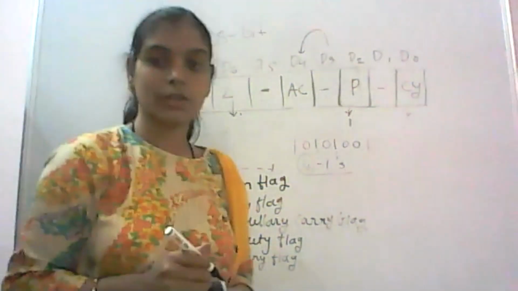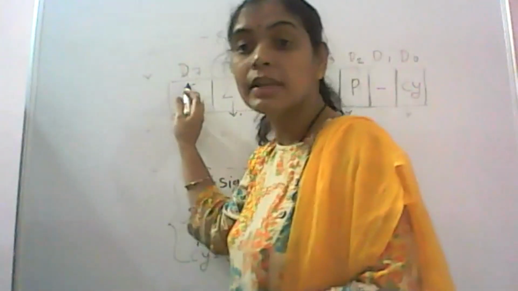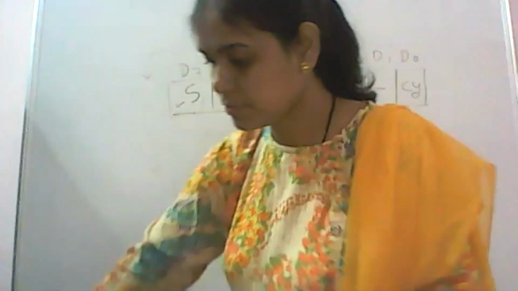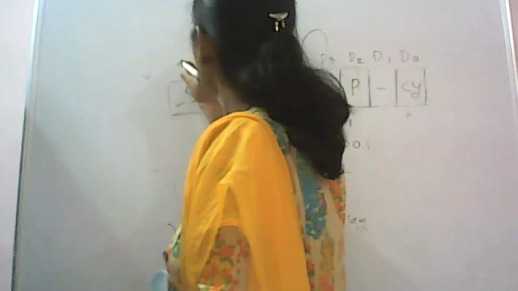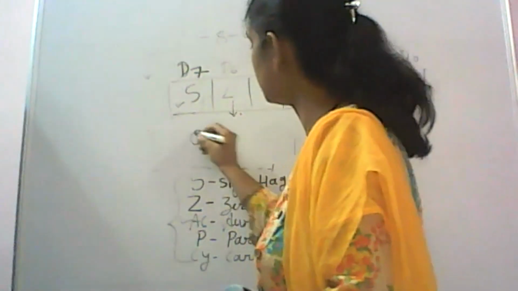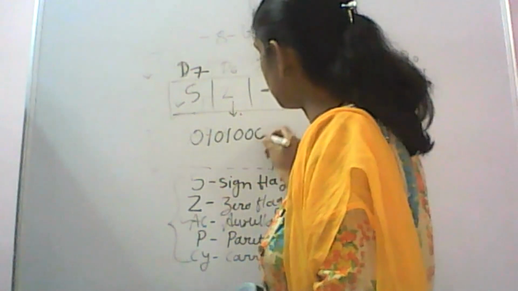Carry flag set होगा. कौन से bit? After D7 bit. Here, this is after the D7 bit. Okay. For example, 0 1 0 1 0 0 0.